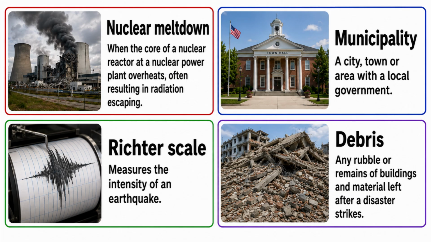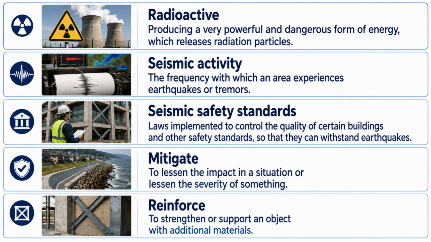Richter scale. Measures the intensity of an earthquake. Debris. Any rubble or remains of buildings and material left after a disaster strikes. Radioactive. Producing a very powerful and dangerous form of energy, which releases radiation particles. Seismic activity.